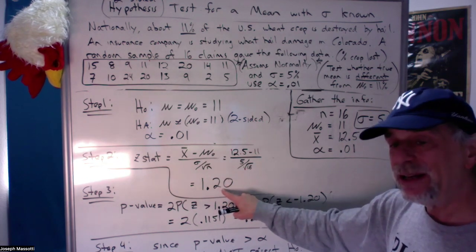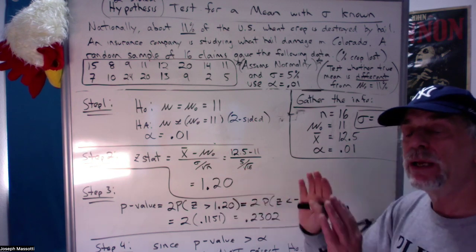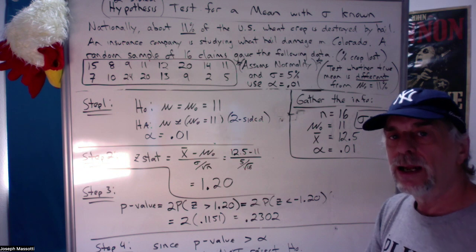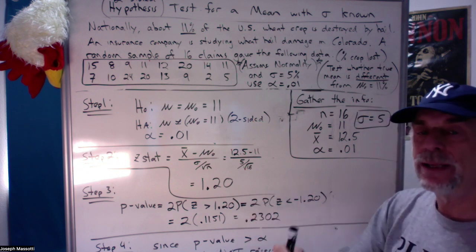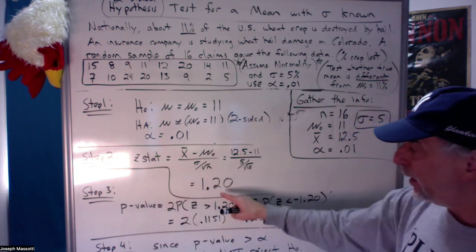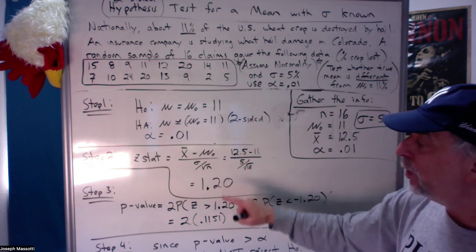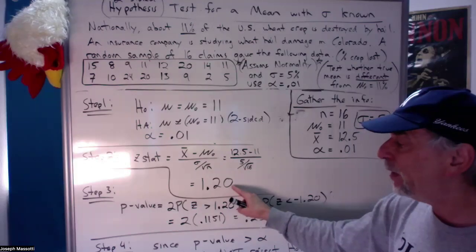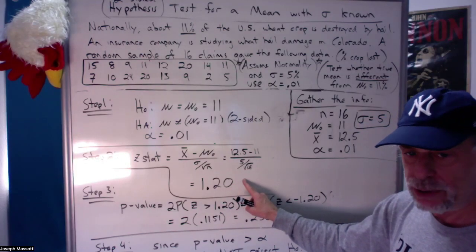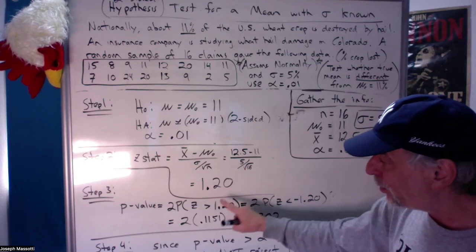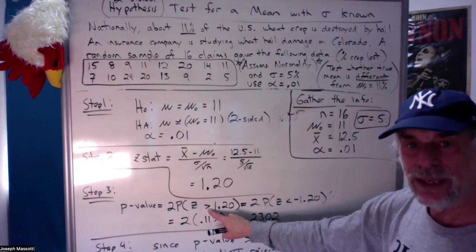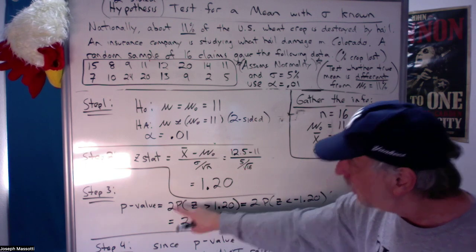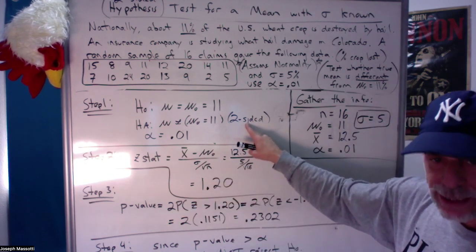If this was a negative value, then we would be looking at the left-hand side of the standard normal distribution and looking for the probability of getting something more extreme than what we found. So the p-value is the probability of finding something more extreme than what you found in step 2. So this is a positive number, so more extreme is going to be even further to the right. And we double that because it's a two-sided test.